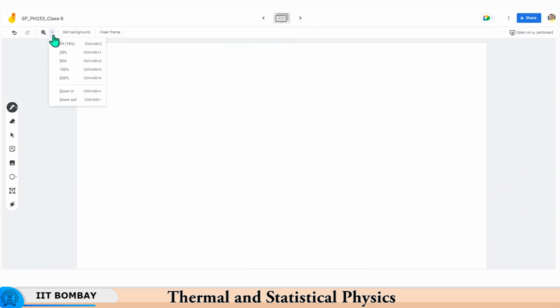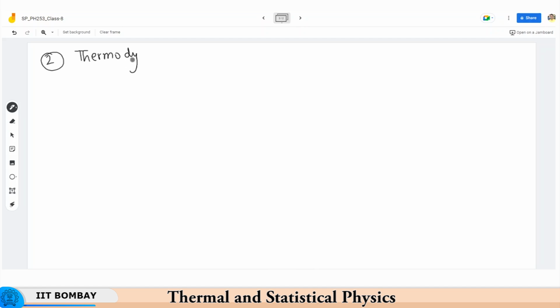The second definition is what's known as thermodynamic variables. Sometimes they are also known as state variables, and also functions of state.